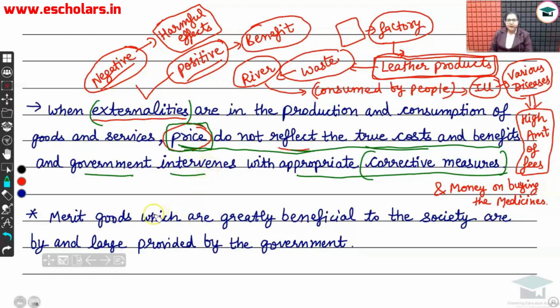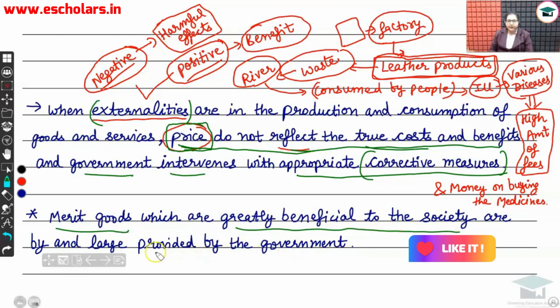Okay. And also students, merit goods which are greatly beneficial to the society are to be provided by the government to all the people living in the society.